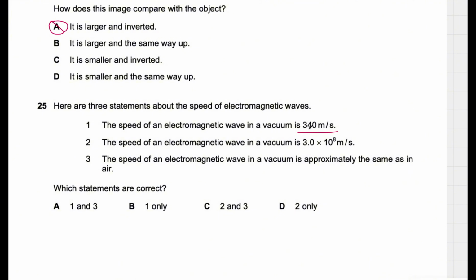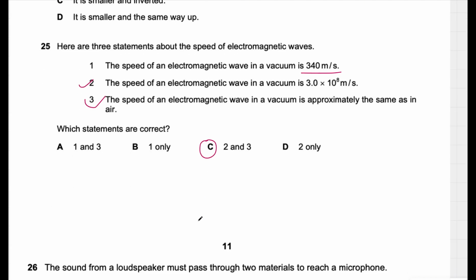This is the speed of sound in solid. Okay, this is wrong. The speed of electromagnetic wave in a vacuum is that. Yes, this is correct. And the speed of electromagnetic wave in vacuum is approximately the same as in air. That's correct. So these are 2 and 3. So the answer will be C, 2 and 3. Right? So 25.